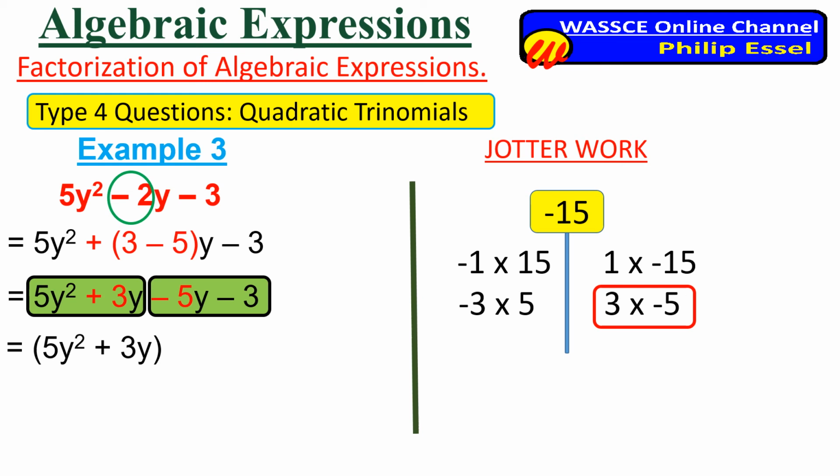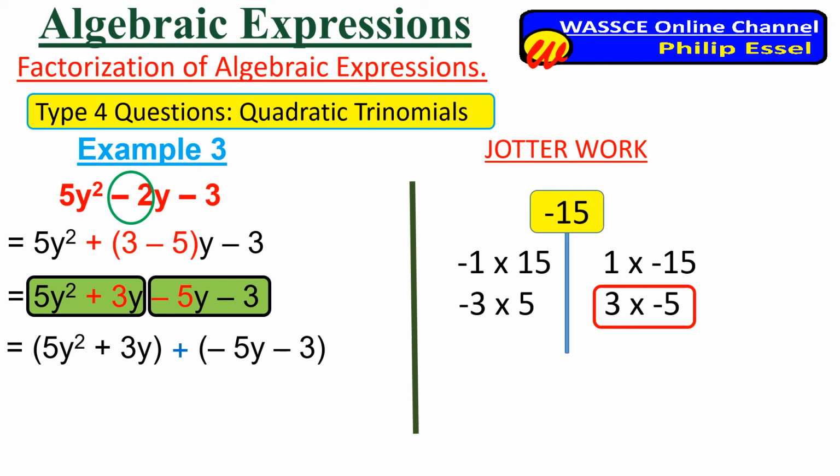And the second part of the expression is -5y -3, and we are putting all of that also in one bracket. And as usual, we would separate the two expressions by the plus sign. At this point, we are going to factorize the two groups separately.